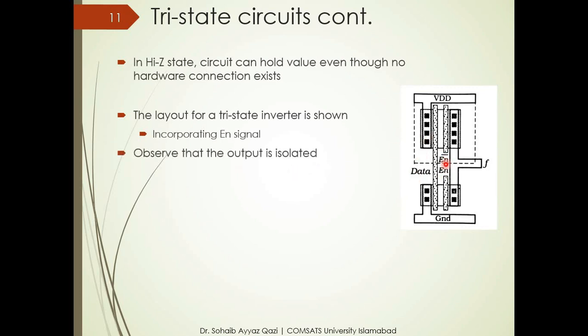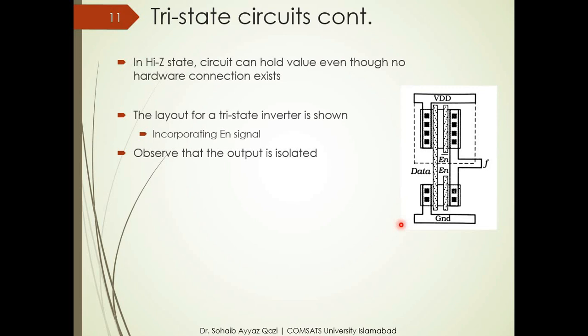If you observe, in normal inverter cases we collect the outputs at this point, but now in this case we have isolated the output from the original output of our inverter. So this is a straightforward, simple tri-state inverter circuit.